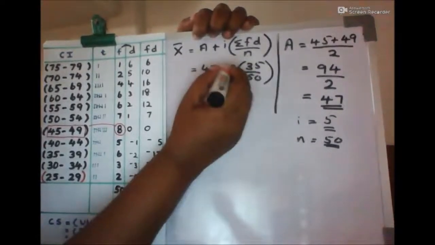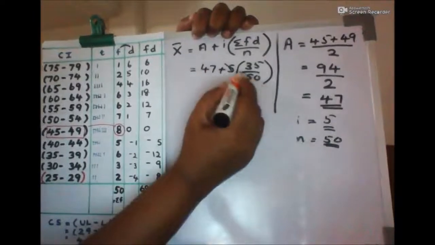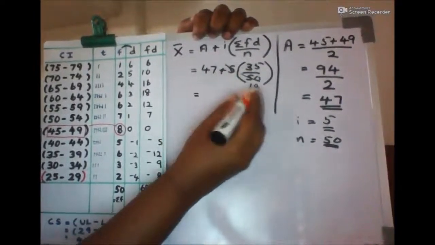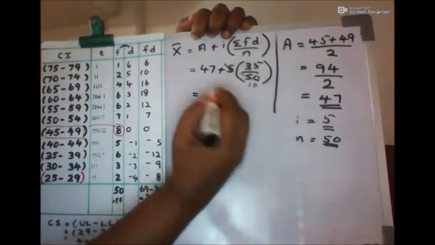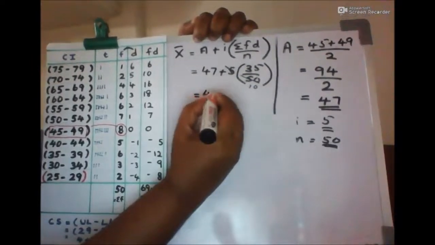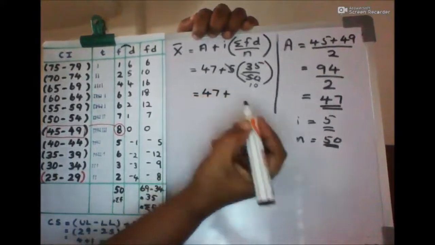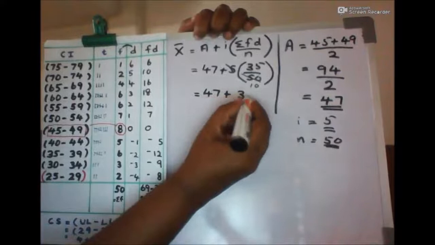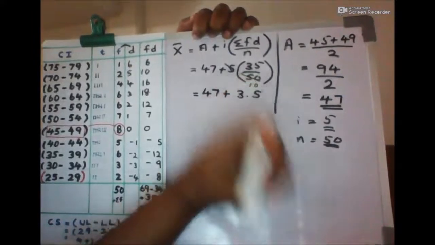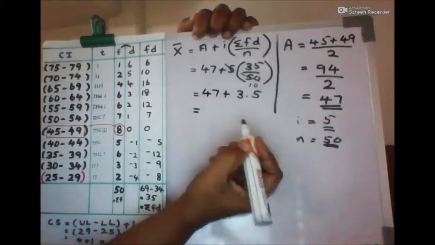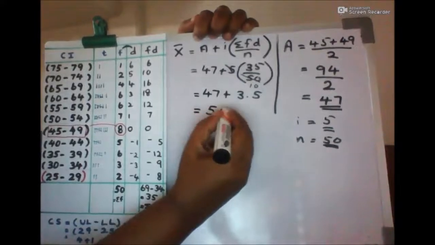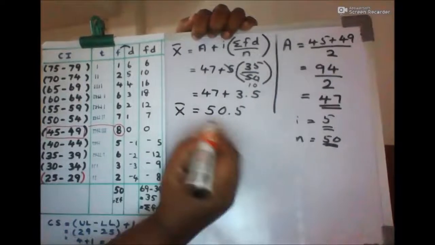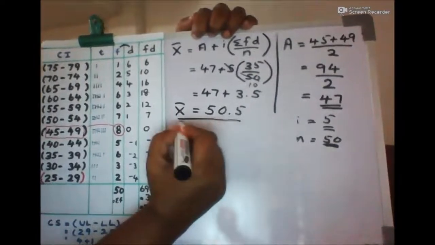Now we'll cut 5, here it's 10. It's 2 and 7. So 47 plus 3.5. 7 divided by 2. So the answer is 50.5. That is our X bar. This is the answer.